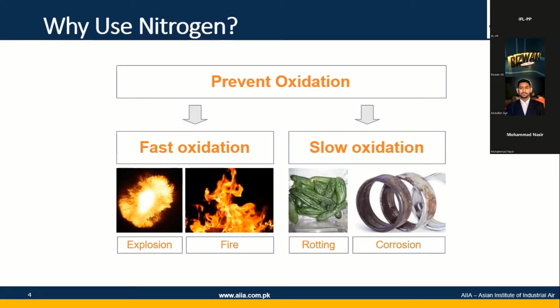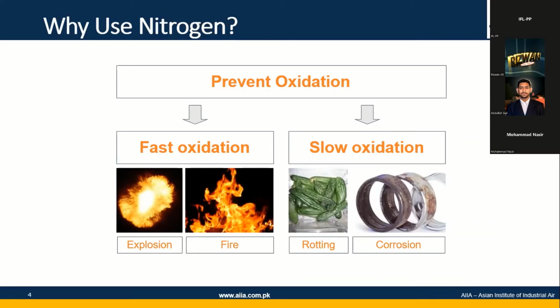To prevent that, we use nitrogen to give an inert environment if there is any possibility of fire or explosion. And when it comes to food, with oxygen, the food gets rotted. So to avoid the rotting, we need to slow down the oxidation process. That is why we use nitrogen in our processes.